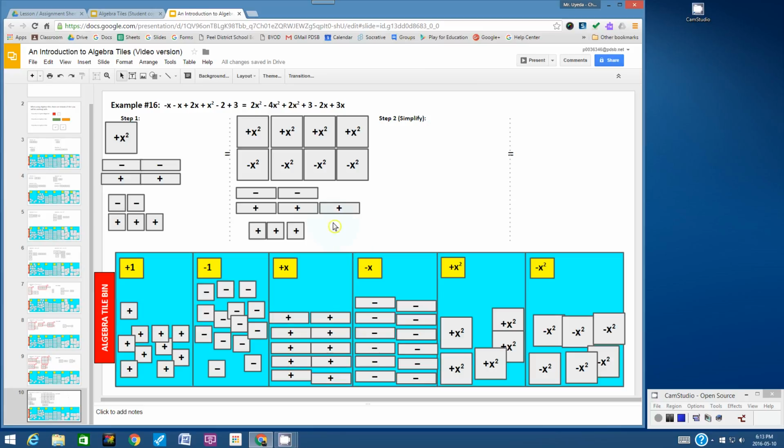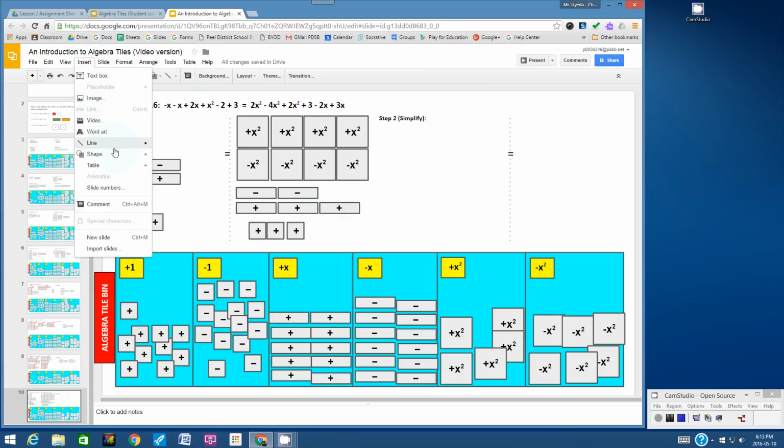Okay, so let's go in and draw our zero models for the left side and the right side.